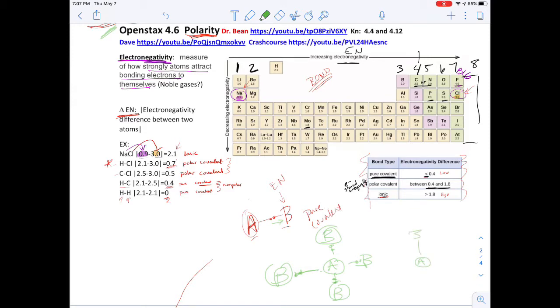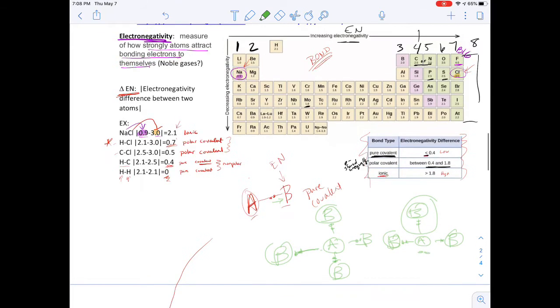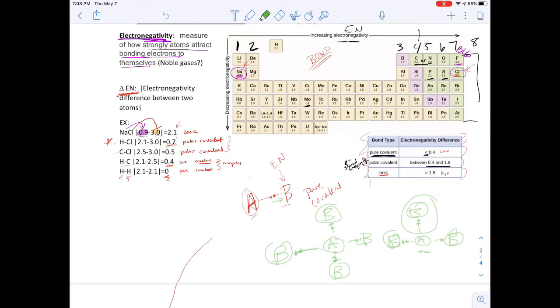However, if instead of that picture, you had something like this, and you had a lone pair in there, and these electrons were here, and here, and here, well, now you definitely would have polarity because there's no one to balance out this guy. So that's polarity, and we talked about how there's an electronegativity scale for this, and ionic is when it was greater than 1.8.